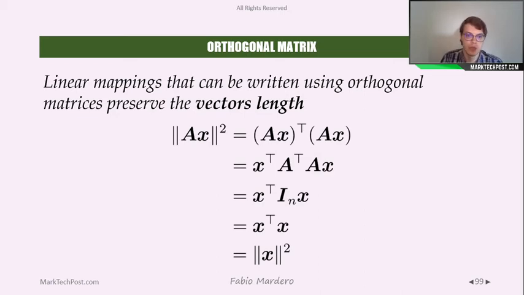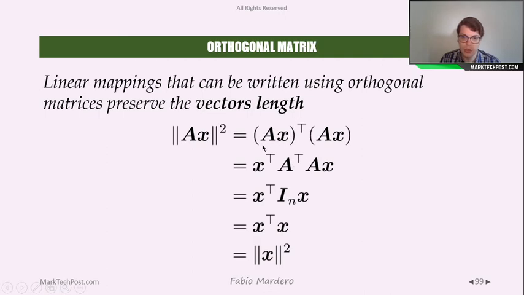In fact, considering this operation, which is the computation of the linear mapping, let's consider the square of the norm. Of course, the norm to the power of 2 is equal to the dot product. So we can do the dot product. We apply the transpose to this element, which means that it results in X transpose times A transpose.